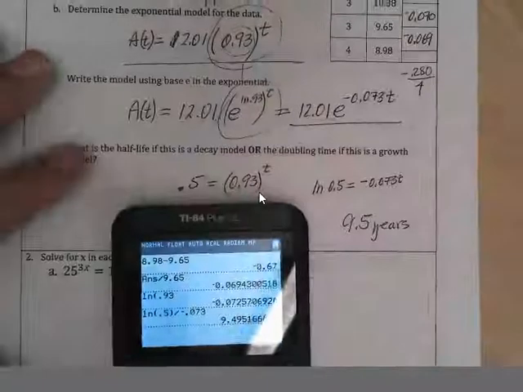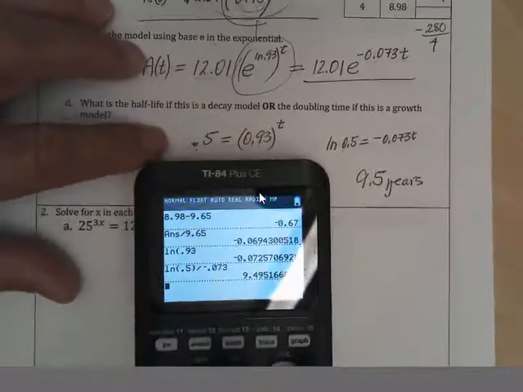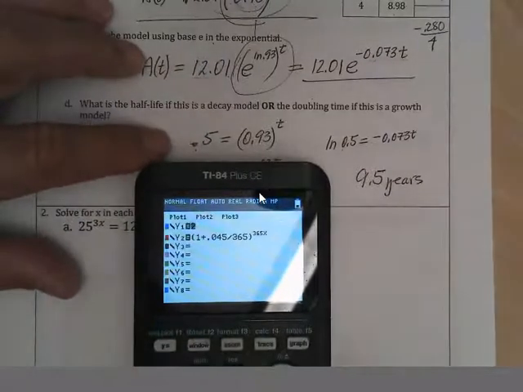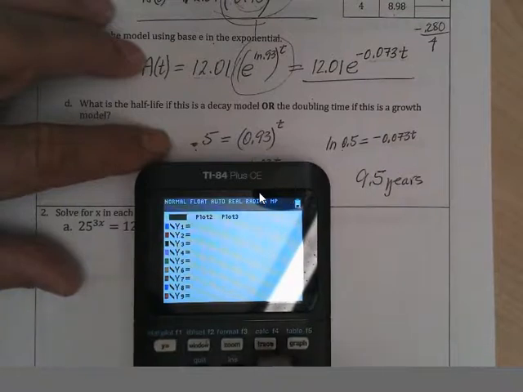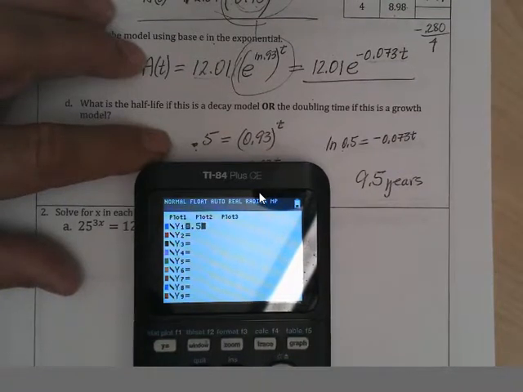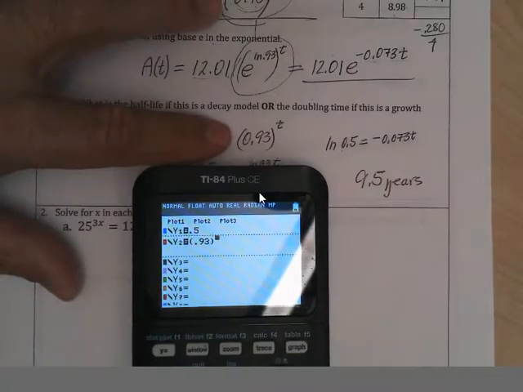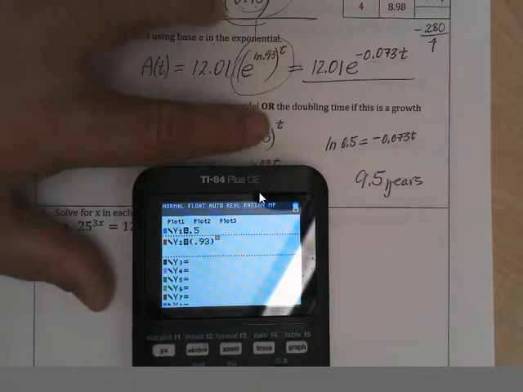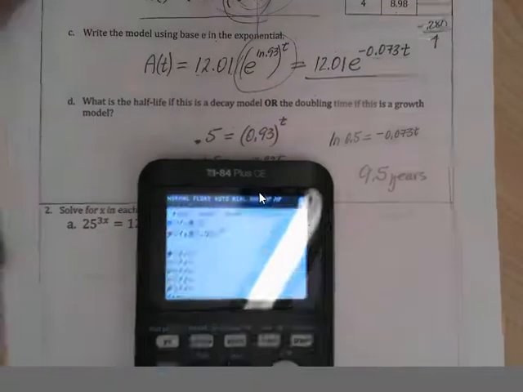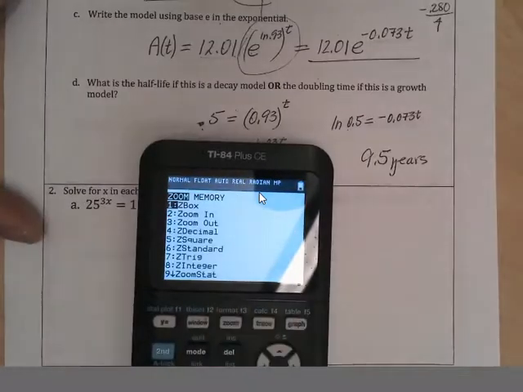I could also, as I said in class, solve this for t by just graphing that. Go to y equals and go clear, and go up here and go 0.5 and 0.93 to the t, x, and zoom 4.